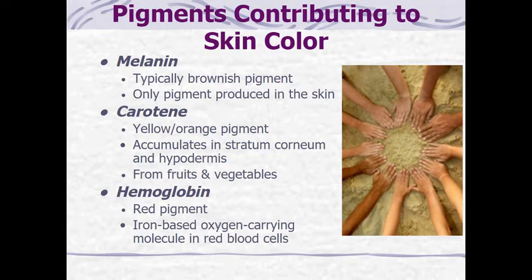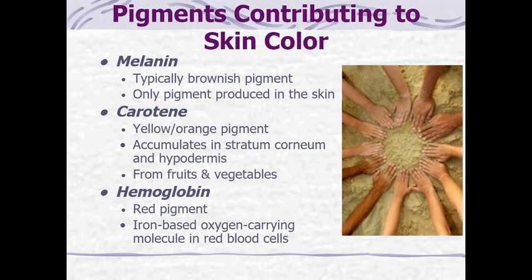This accumulates in the stratum corneum and the hypodermis. And so the more of these fruits and vegetables that you ingest, the more of this pigment is going to accumulate in these areas of your skin. Eventually, your body does metabolize it and it goes away, but it can be a minor contributor to skin coloration.